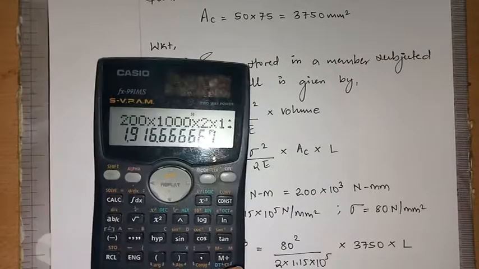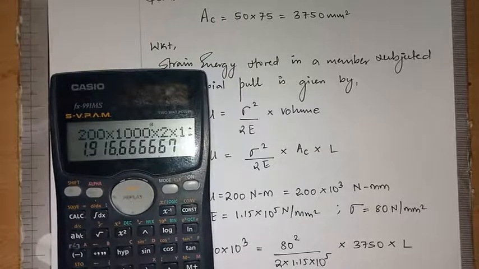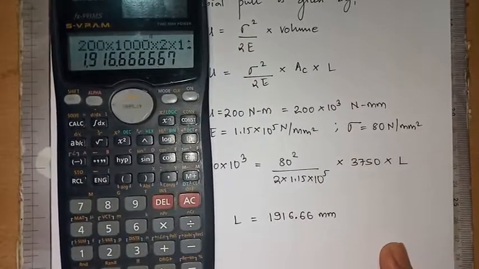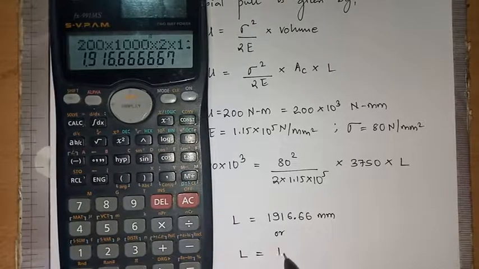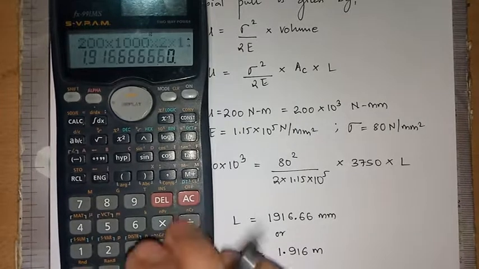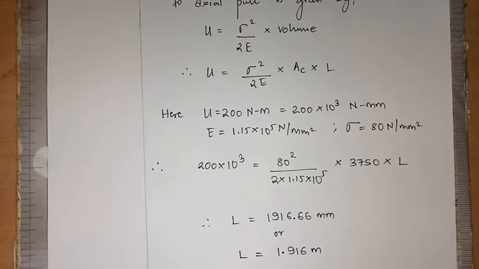I am getting it as 1916.66, and the answer will be in mm. So L will be equal to 1.916 meters. Right, so that's it. That is the end of the problem.